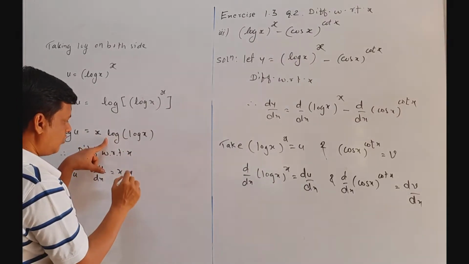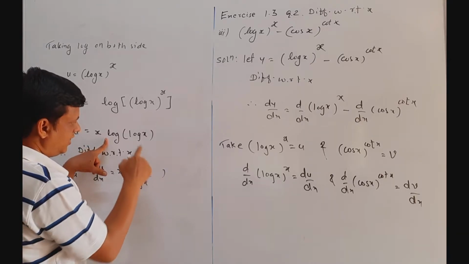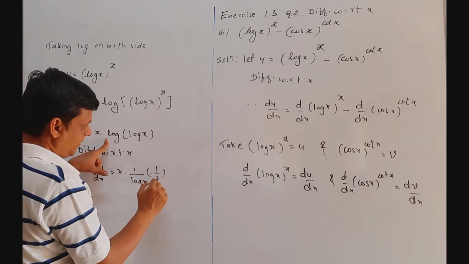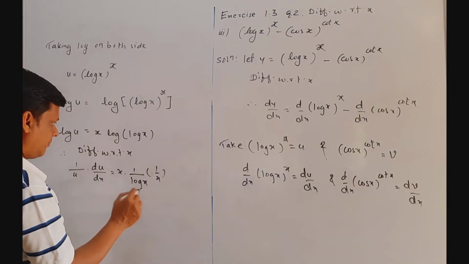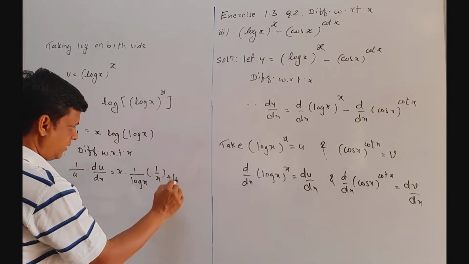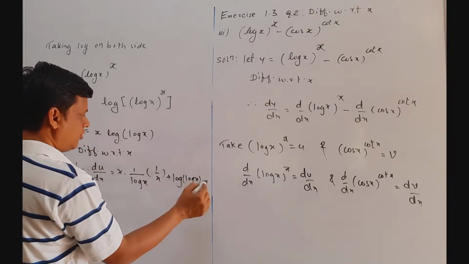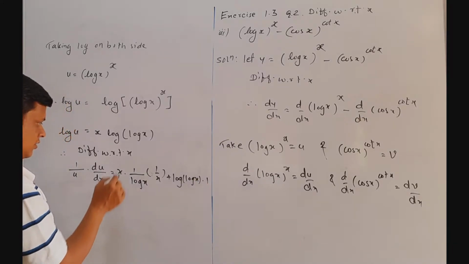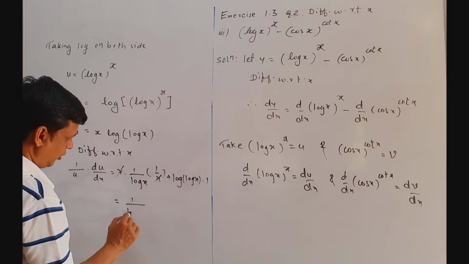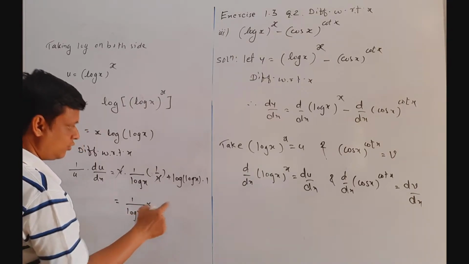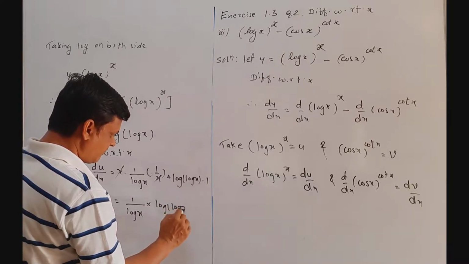The derivative of the outer function log is 1/log x, then the derivative of log x is 1/x. That is first function into derivative of second, plus second function, log of log x, into derivative of first. The derivative of x with respect to x is 1. In the next step this x gets cancelled, and we write 1/log x plus log of log x into 1, as log of log x.